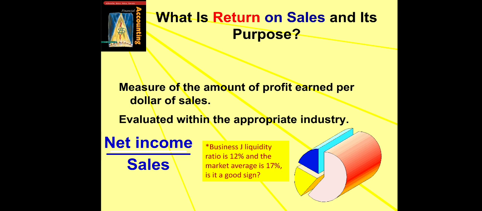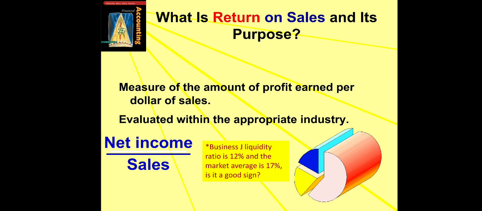See the small yellow box there: business J return on sales ratio, sorry, that one is supposed to be business J return on sales ratio, is 12%. The market average for the return on sales ratio is 17%. So is it a good sign?